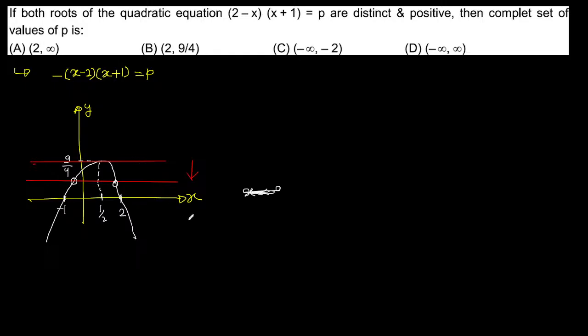So if p is less than 9 by 4, this is y equal to p, and bigger than 0.